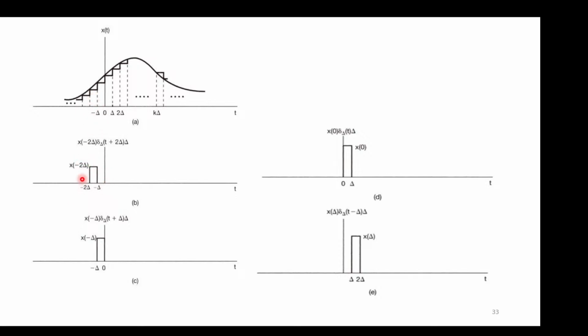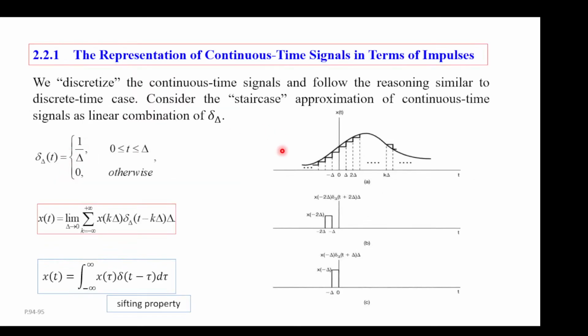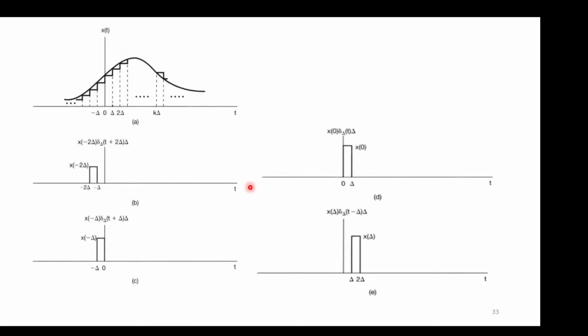So we think this function is a summation of a whole bunch of strip functions, and each strip is like this. Between minus 2 triangle and minus triangle, this thing has height x of minus 2 triangle. The x of t is the original continuous time function we try to approximate with those strips.